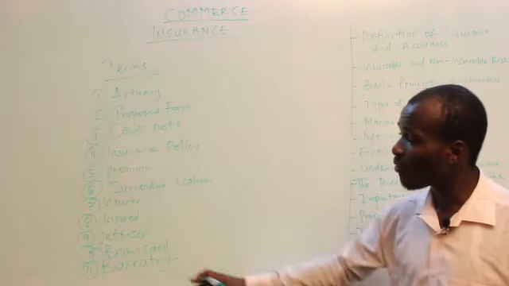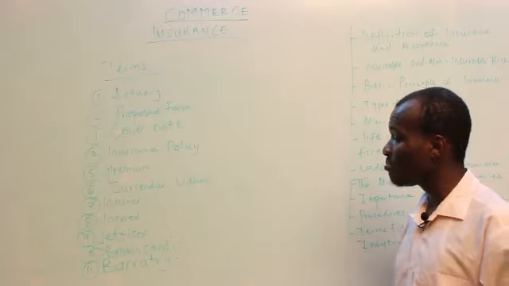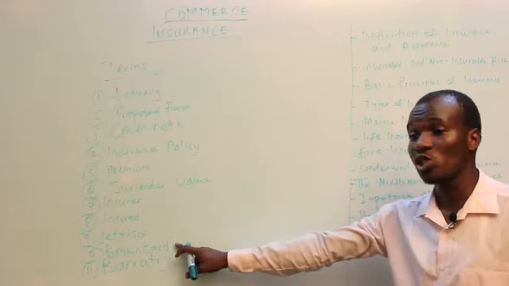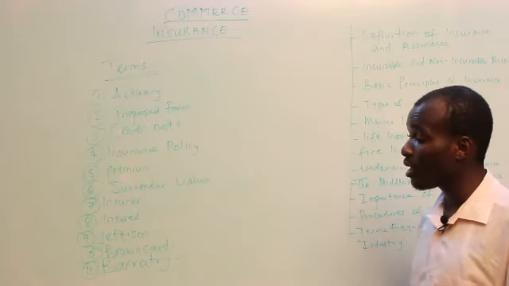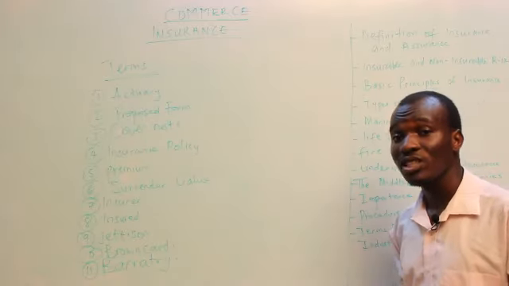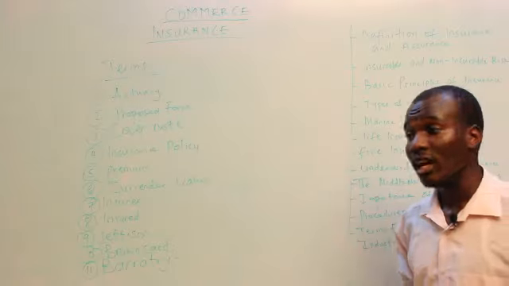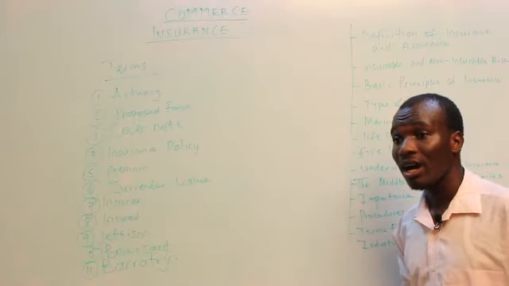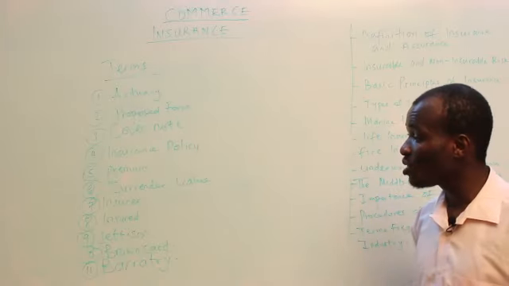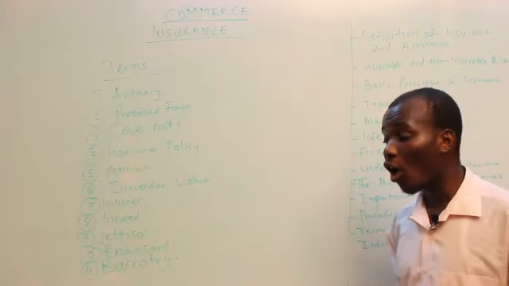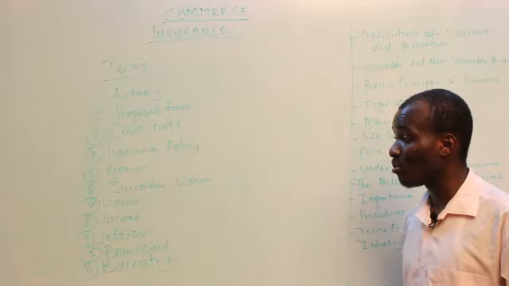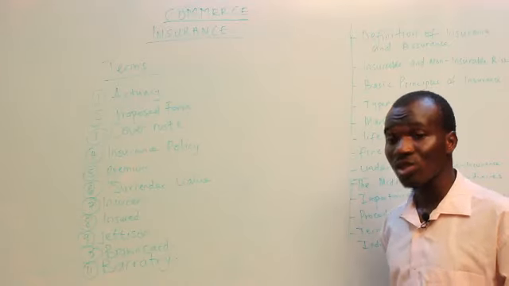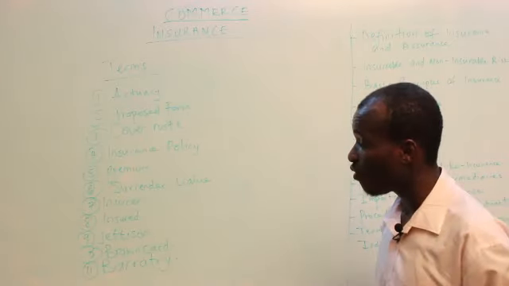And the next thing we have is barratry. Barratry means when the captain of a ship carries out an instruction or a decision which is contrary to the order or the interest of the ship owner.